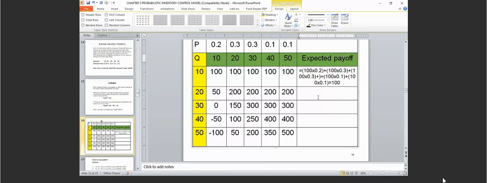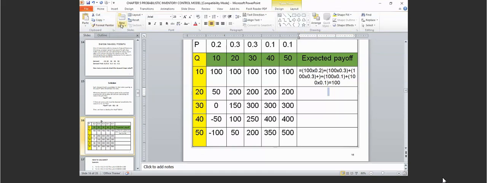Okay, kita tengok sekali lagi untuk kita kira expected payoff sekiranya bagi order quantity 20 unit. So let's say we calculate the next expected payoff for the quantity order of 20 unit. So the first expected profit we have here is 50 ringgit.